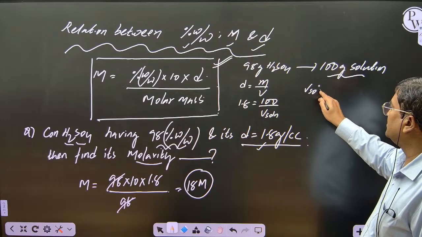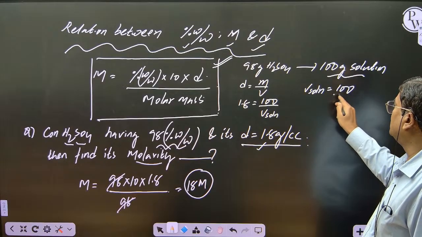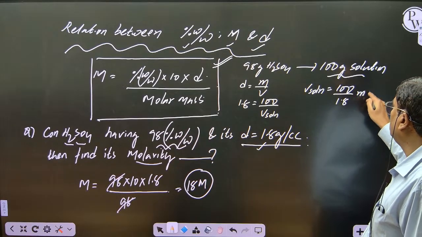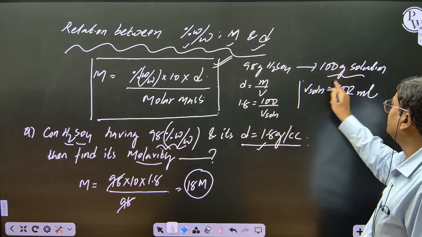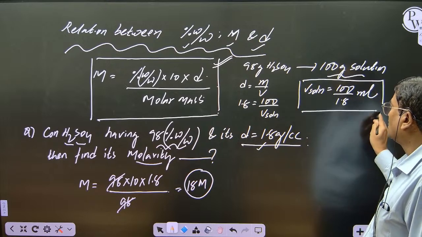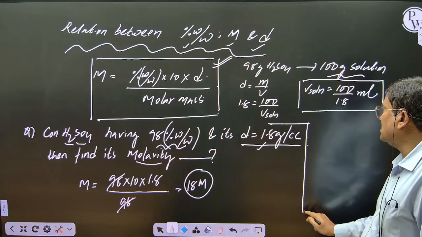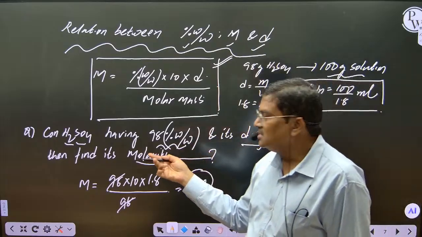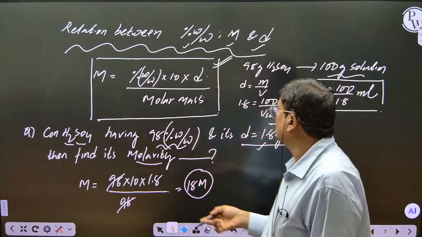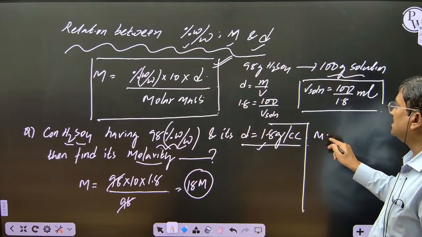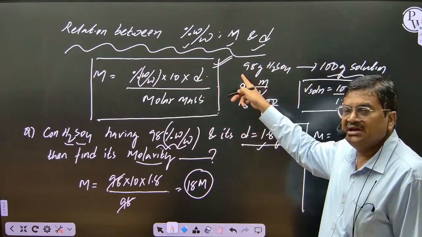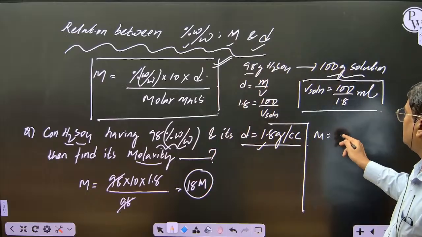So volume of solution comes how much? 100 upon 1.8, in what unit? Milliliter. This is the volume of solution we found. Are you getting the idea? What I am doing is without the formula, how this relation we got. Now molarity is nothing but mass of solute upon molar mass divided by volume. Do we know the mass of solute? Yes, 98. So I am putting 98.